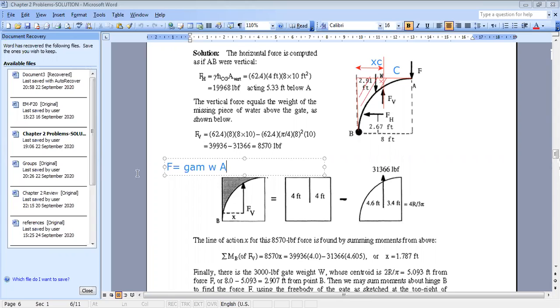But because gamma and the width are constant, you can think in centroid of areas, or as you told us, you can think about forces. It will be equivalent, because when you simplify gamma and the width, which are constant, you will go back to the idea of the centroid of area.